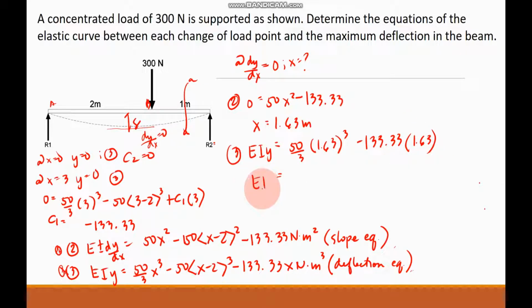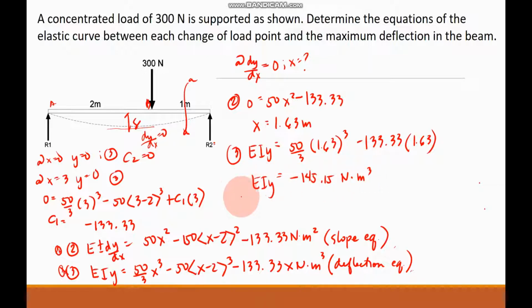So, our EIY would now be equal to, it is equal to negative 145.15 Newton dot meter cube.